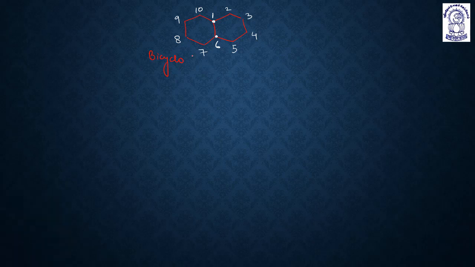It will start with bicyclo. Apart from carbon number 1 and 6, we have 1, 2, 3, 4, and the same thing, 1, 2, 3, 4. So you have 4 carbons on the right side, 4 carbons on the left side, and 0, meaning between 1 and 6 there is no carbon.